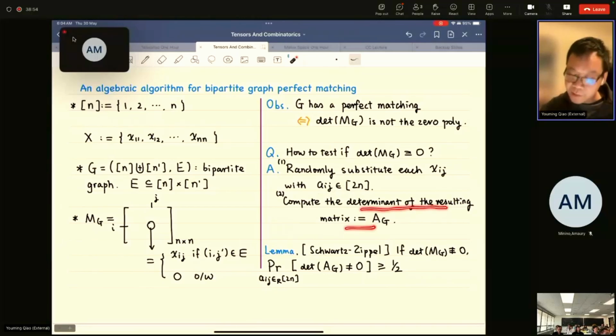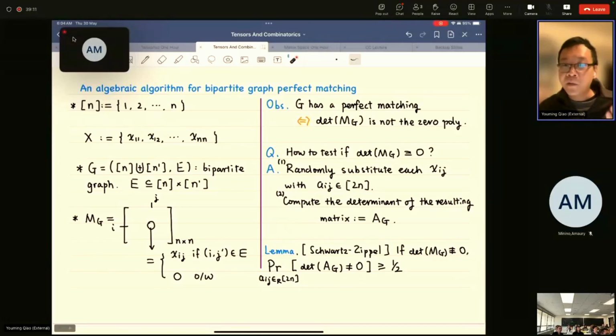of the resulting matrix. If your graph has no perfect matching, then of course the determinant of Ag will always be 0 because it's a 0 polynomial, right? It's a 0 polynomial, so whatever value you substitute into Xij, you get 0.